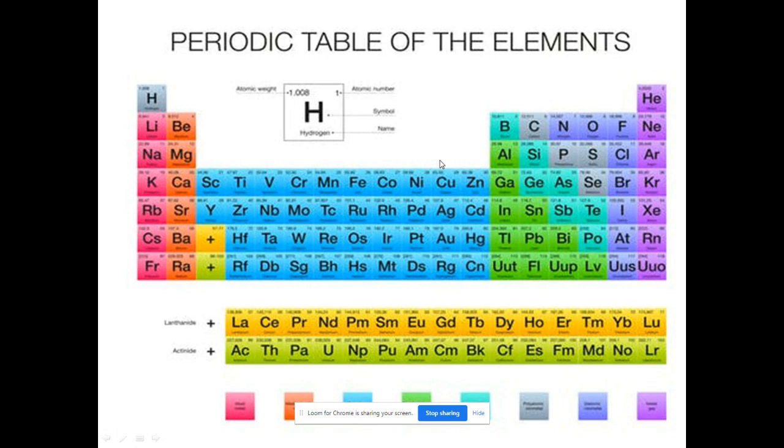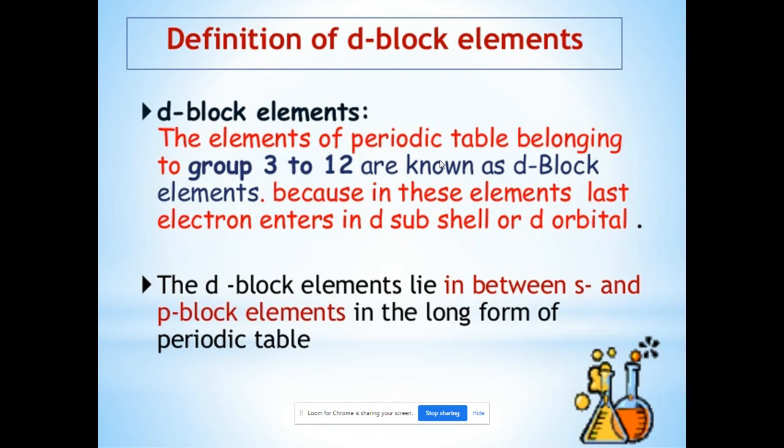Now, let's go into our topic, D block elements. The elements in the periodic table from group 3 to 12 are known as D block elements. The definition is that if the last electron enters into the d subshell or d orbital, they are known as D block elements.